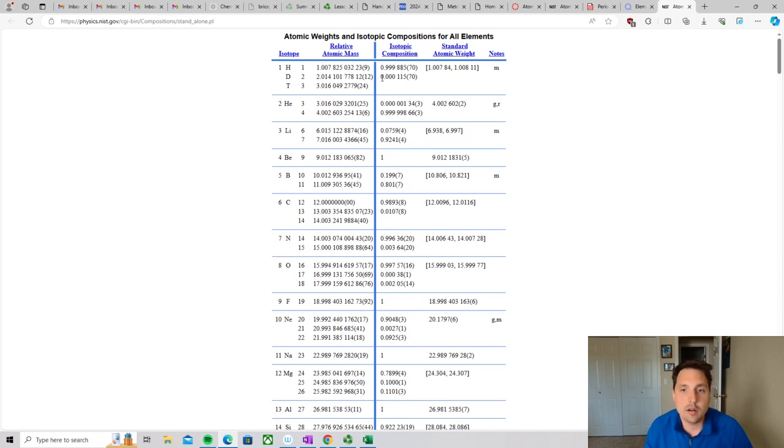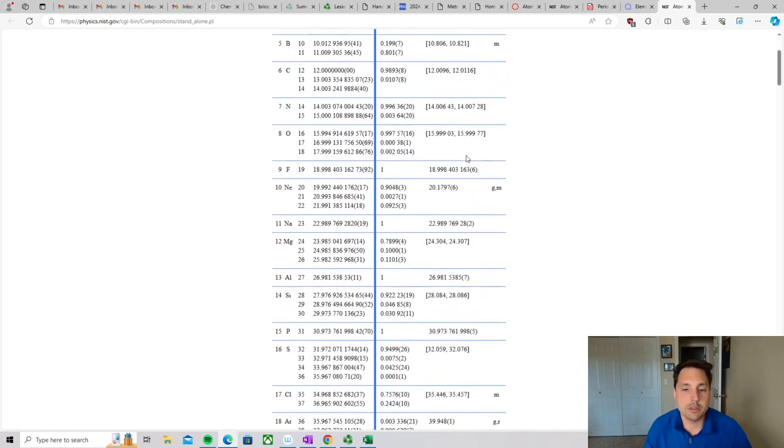And then 0.0001% of it is going to be deuterium, and then trace amounts of tritium will be present. So you can actually calculate the standard atomic weight of that sample of hydrogen by taking the atomic masses multiplied by their isotopic compositions and then adding them together. Now, hydrogen is not a great example of this because it tends to vary, which is kind of interesting.